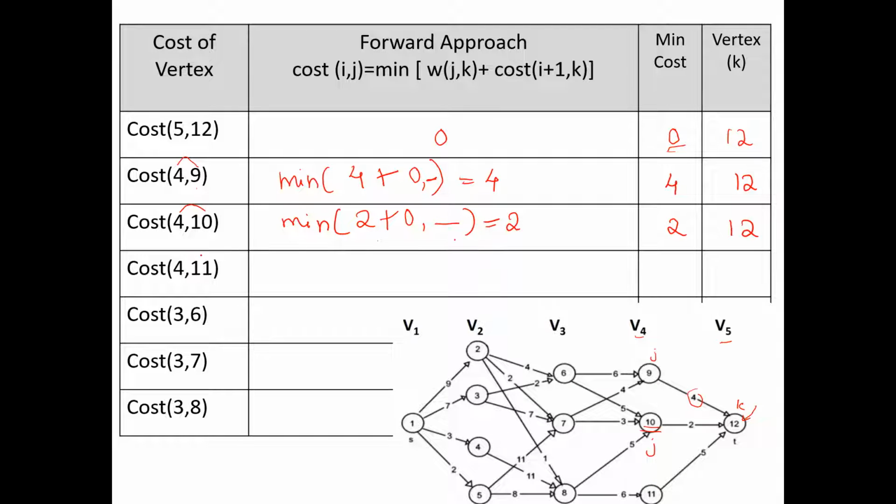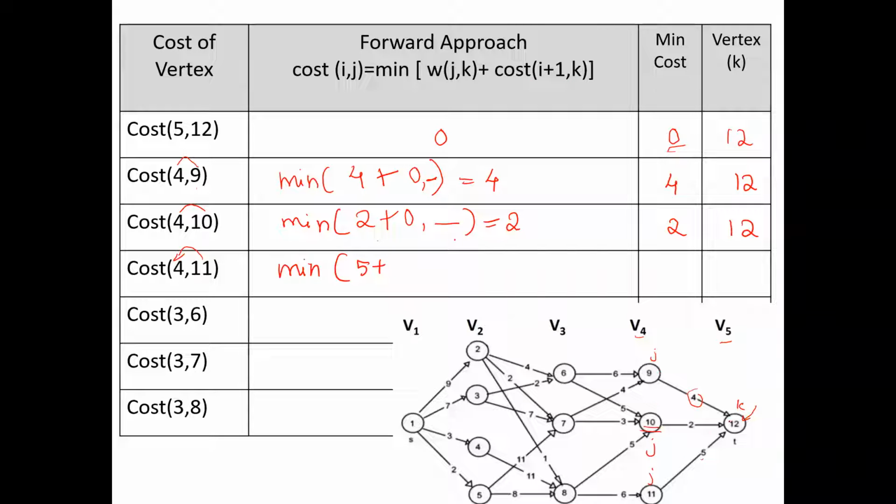So we are going to find the cost of vertex 11 in stage 4, which is nothing but the minimum of. What is J comma K this time? Here now J is 11 and K is 12. What is the edge cost? For the edge from 11 to 12, it is 5, right? So we are writing 5 plus. What is the cost of I plus 1, K?